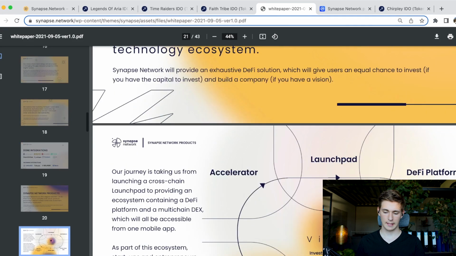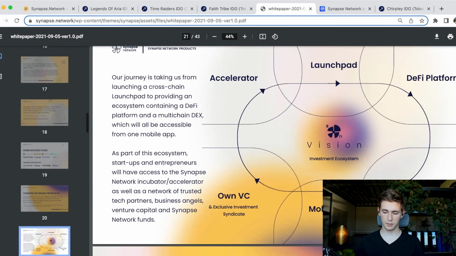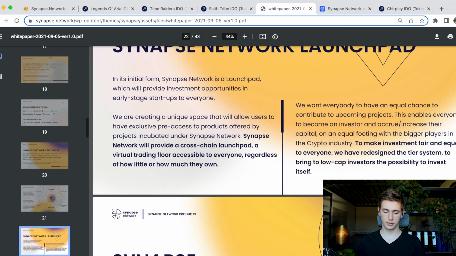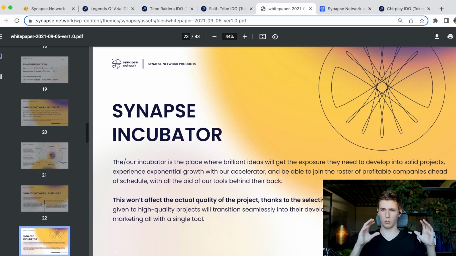Let's see here. Yep, the accelerator. So they're an accelerator, Launchpad, DeFi platform, cross-chain DEX, mobile apps, and own VC. Then here they have a little bit of information about their Launchpad and their incubator. Of course, when you have a Launchpad, it's good to have an incubator as well, right?